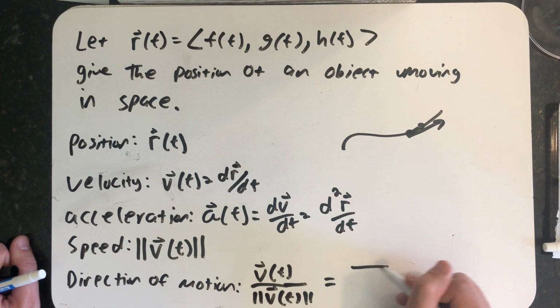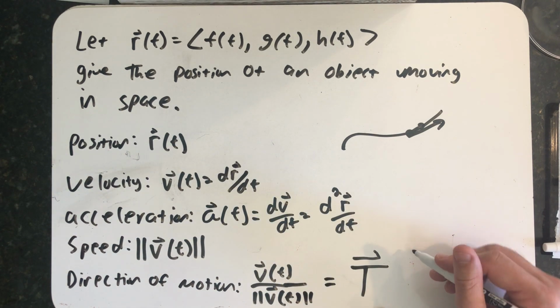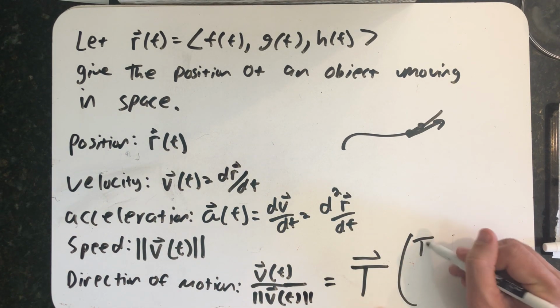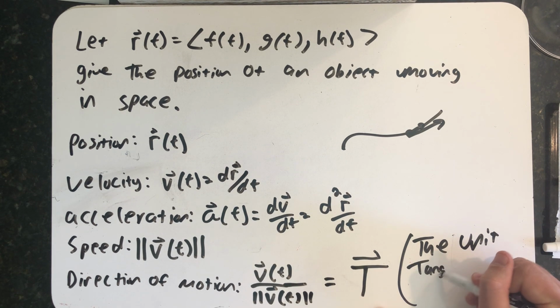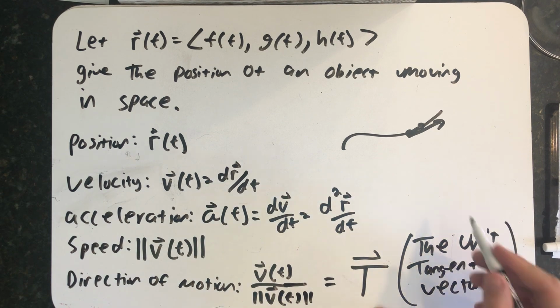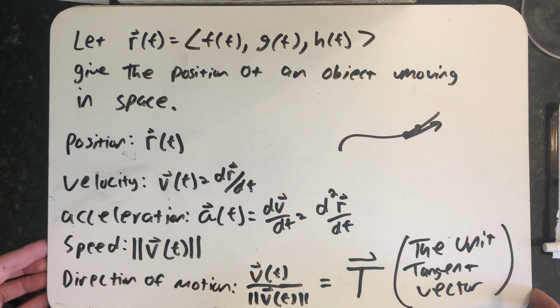Your author waits a few sections before revealing it, but this direction of motion vector is called big T, and it's called the unit tangent vector. Which is a great name for it because it's 1 unit long and it just touches that curve in one point, right? It's literally tangent to the curve.